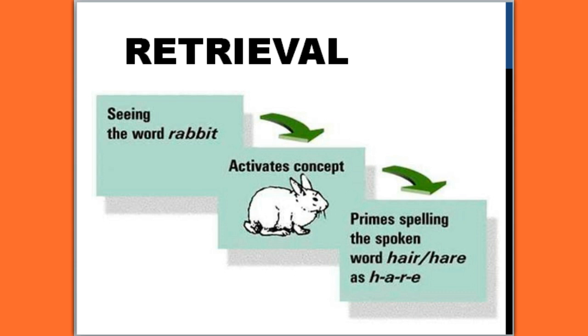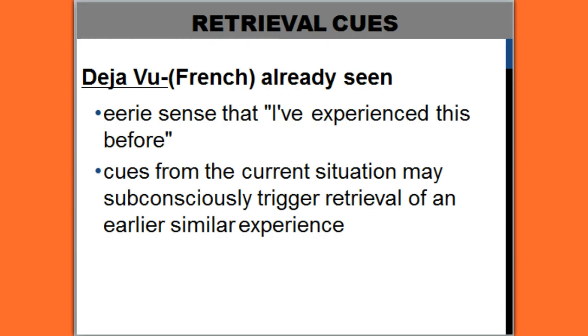All right, now we're going to continue on with retrieval cues. Now you've got déjà vu, which is French, and it literally means I've already seen this, like I've already been here. But an eerie sense that I've experienced this before. Do not worry, you are not time traveling. It's not possible as far as we know. Cues from the current situation may subconsciously trigger retrieval of an earlier similar experience.